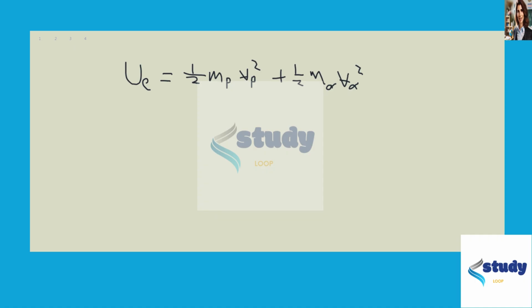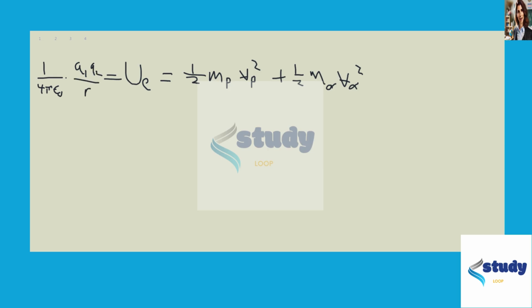So what's the expression for this from your textbook? This is just 1 over 4 pi epsilon naught times the product of the charges divided by their distance.